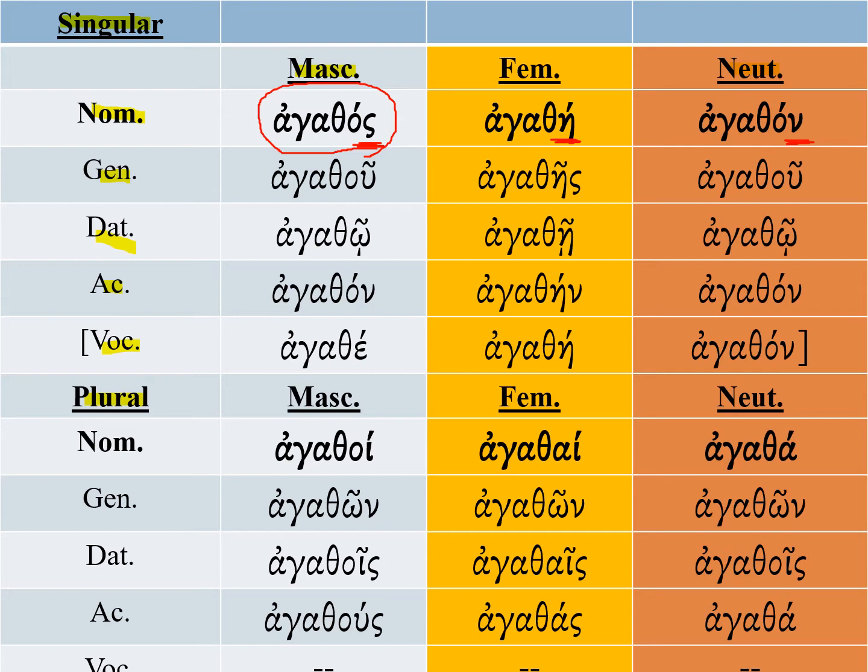But we have to remember that this is the nominative form. Then we have all the other cases, and also we have the plural form in nominative, genitive, dative, and accusative.